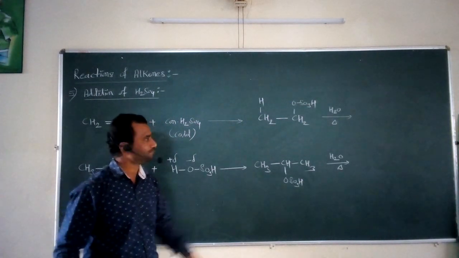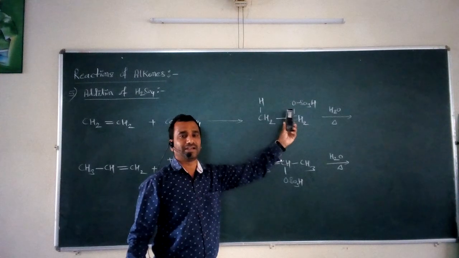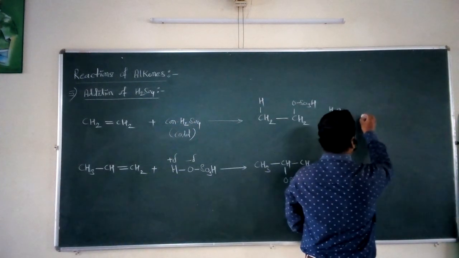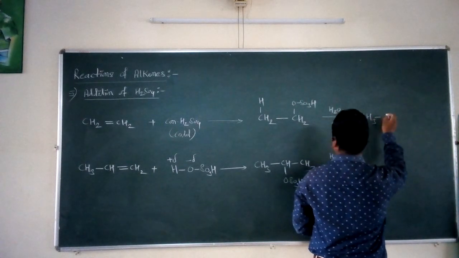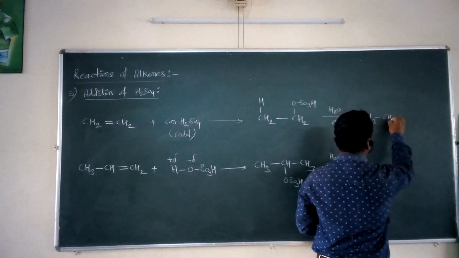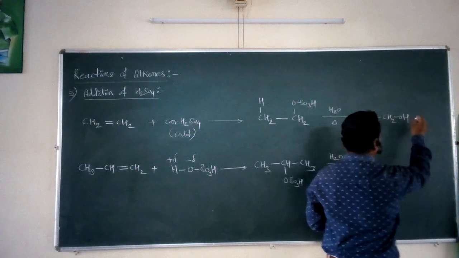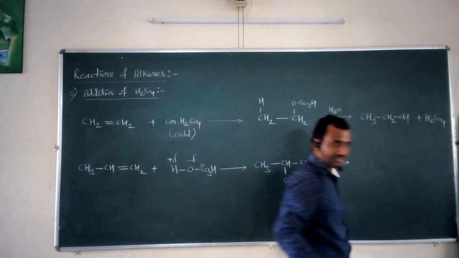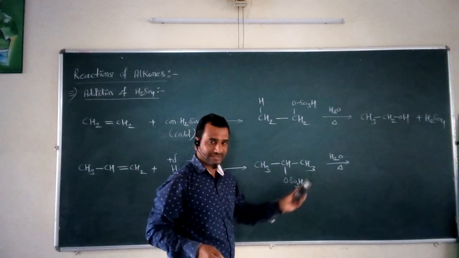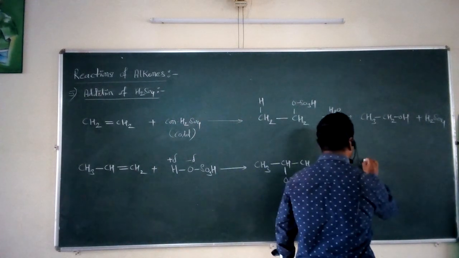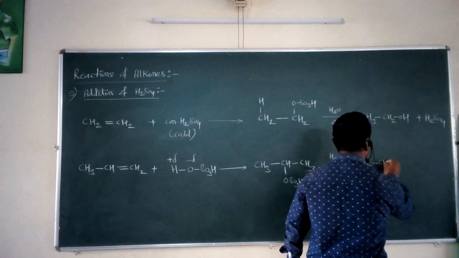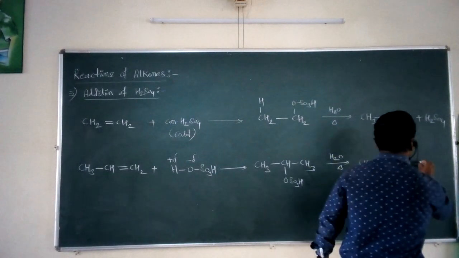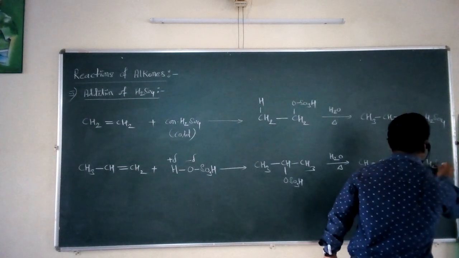This ethyl hydrogen sulfate interacts with H2O. After heating this reaction mixture, you will get an alcohol, CH3 CH2 OH, plus the next byproduct obtained, sulfuric acid. In the second case also you will get an alcohol, CH3 single bond CH single bond CH3 with OH, plus H2SO4.